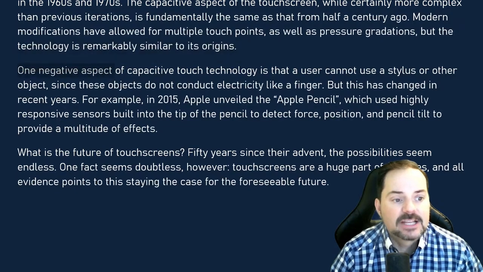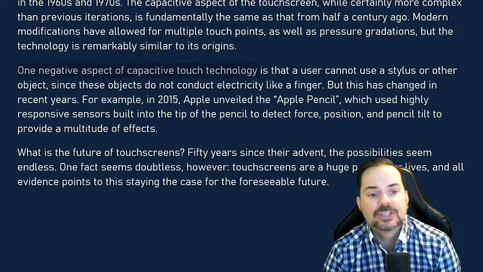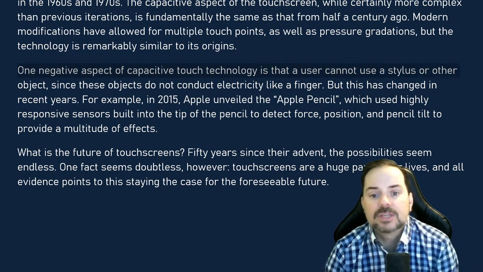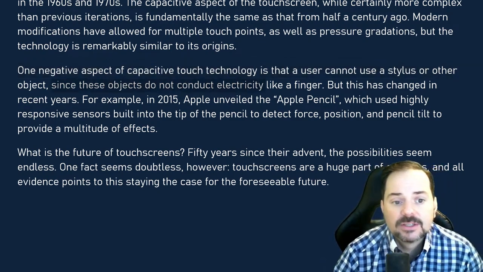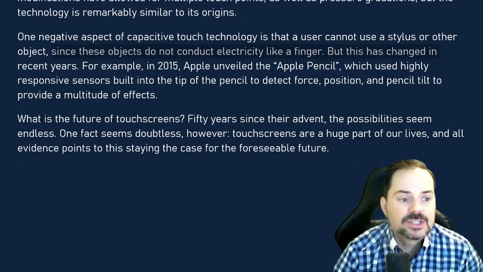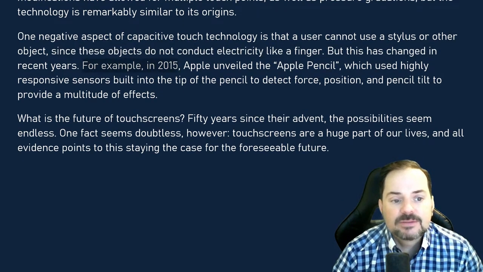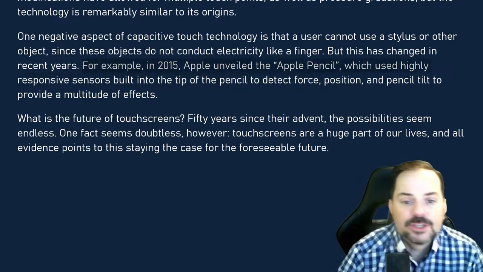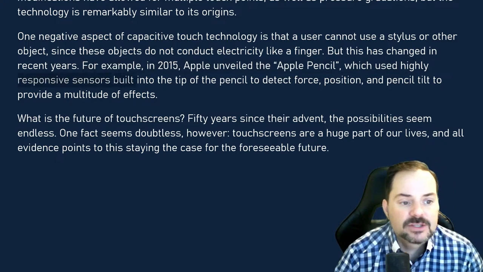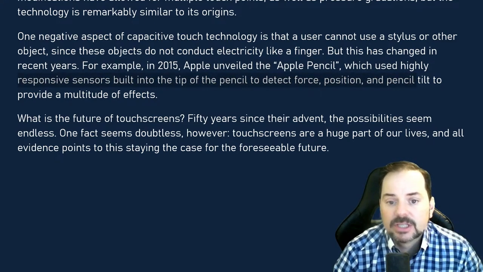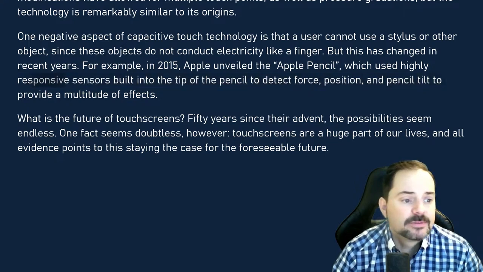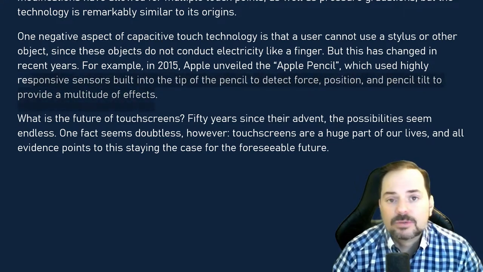One negative aspect of capacitive touch technology is that the user cannot use a stylus or other object since these objects do not conduct electricity like a finger. But this has changed in recent years. For example, in 2015, Apple unveiled the Apple Pencil, which used highly responsive sensors built into the tip of the pencil to detect force, position, and pencil tilt to provide a multitude of effects.